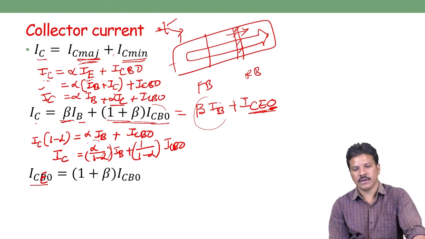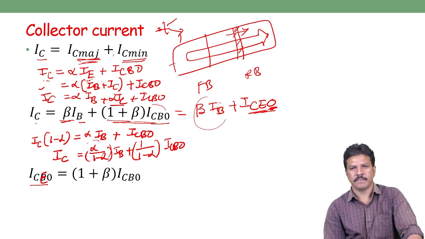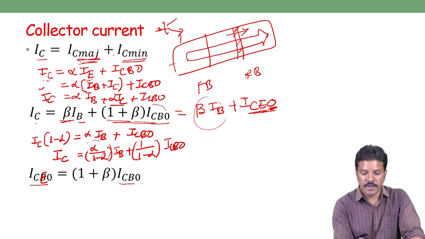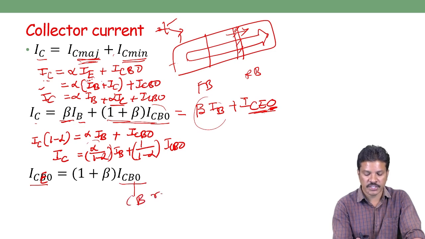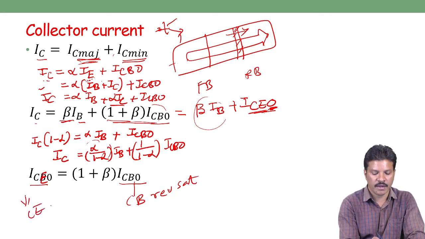The relation between ICEO and ICBO is: ICEO is equal to 1 plus beta times ICBO. What does it mean? ICBO is nothing but the common base configuration reverse saturation current. ICEO is nothing but the common emitter minority current, or reverse saturation current.